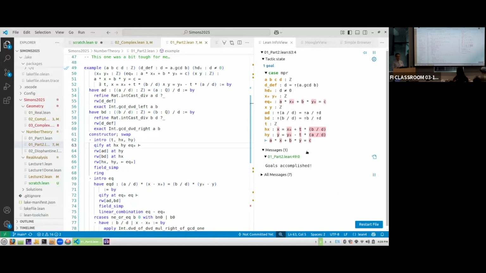At this point, it should be a linear relation. So we Qify everything that should be relevant. This equation should be a linear combination of this one and this one, but with certain coefficients, some of which may be rational. So we do that.